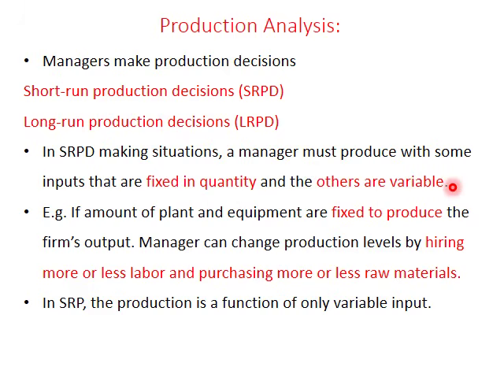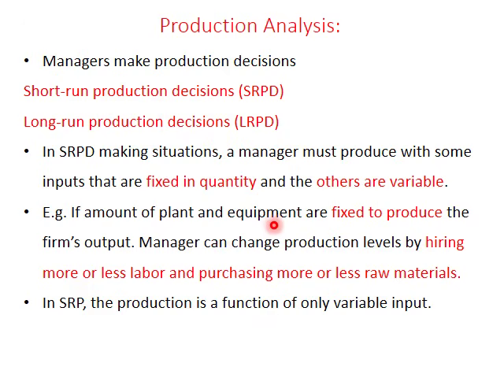If there is at least one fixed input and the remaining inputs are variable, that is called a short-run production decision. If all the inputs are variable, if an organization can get enough time to change all the inputs, that can be termed as long-run production decision.